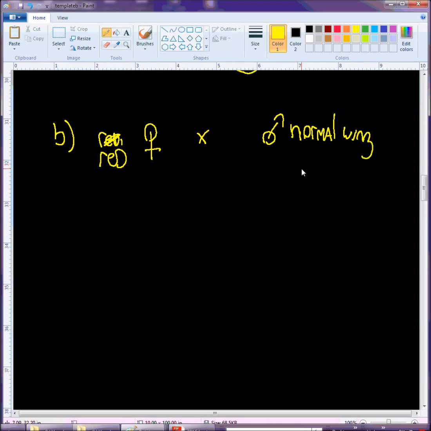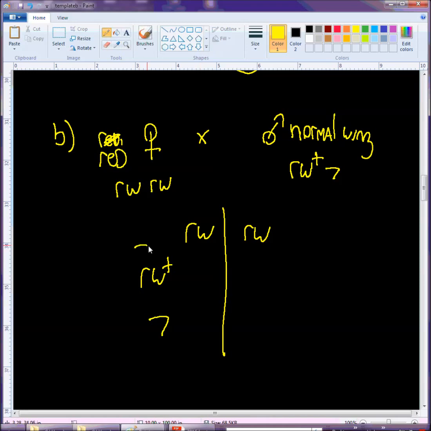So remember, now we're looking at when the male is the heterogametic sex, so the male is normal winged, so that's the genotype there. The female is reduced wing, so the female needs to be homozygous recessive. Now we just make the Punnett square. Again, I'm just going to put the plus for the wild type allele.